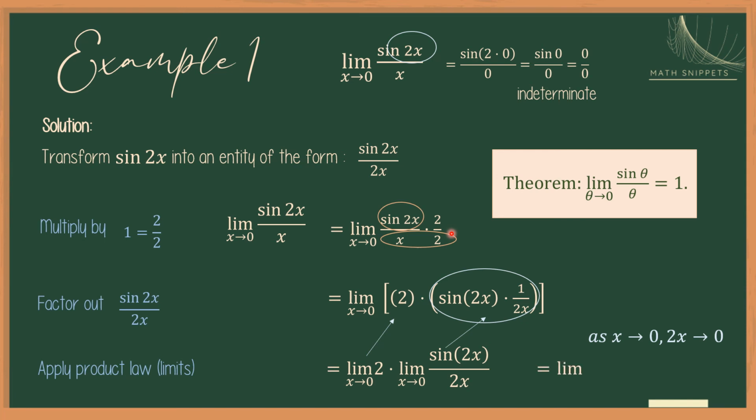So therefore, this is equivalent to the limit of 2 as x approaches 0 times the limit as 2x approaches 0 of sine of 2x over 2x. So in this case, it's like you're saying that theta is equal to 2x.